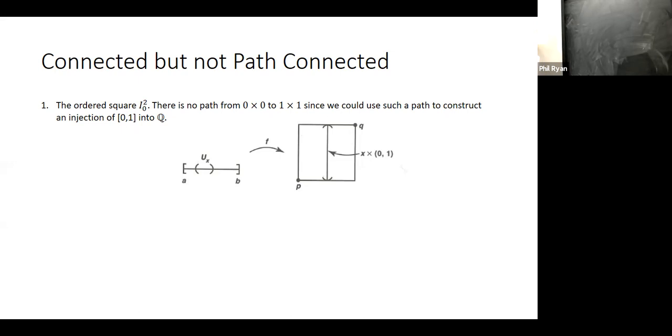So we've got a collection of open sets mapping to our interval. Just by pulling back, for each x, we can assign a rational number which is disjoint. So that's an injection of the unit interval into the rationals, and that's forbidden.